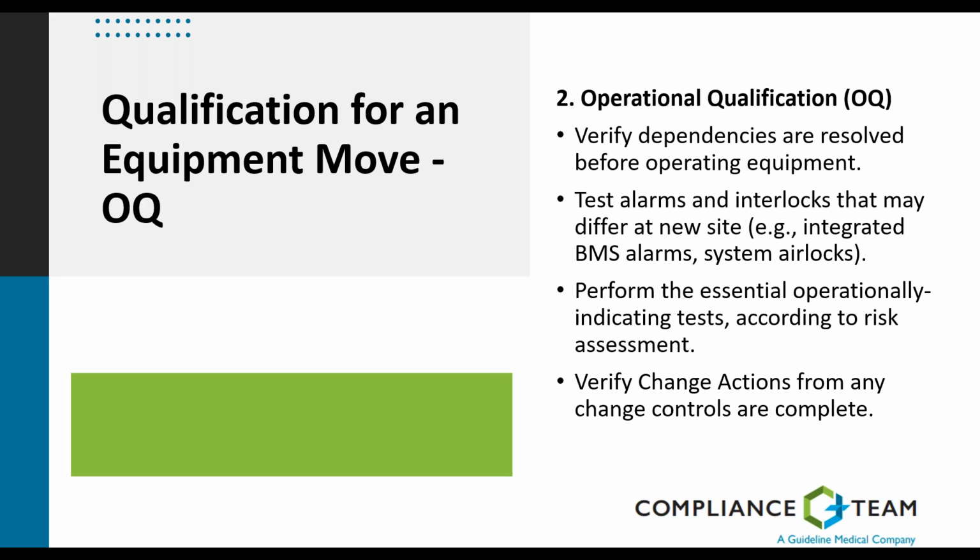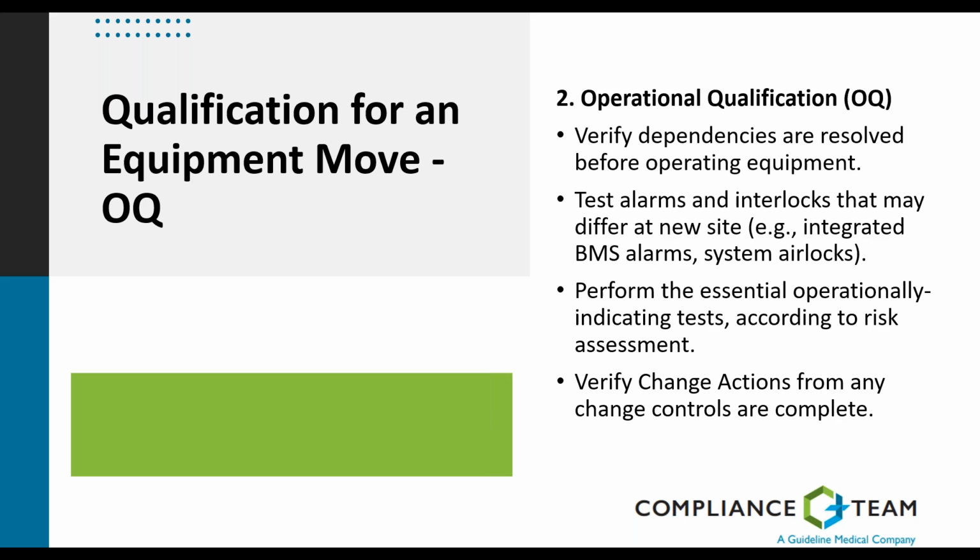You're doing a spot check to ensure that the equipment is still functional in its new location. You want to make sure that the change actions you've put in your change control are also valid. But we don't need to do a full OQ. Look at the high risk things and then qualify those.